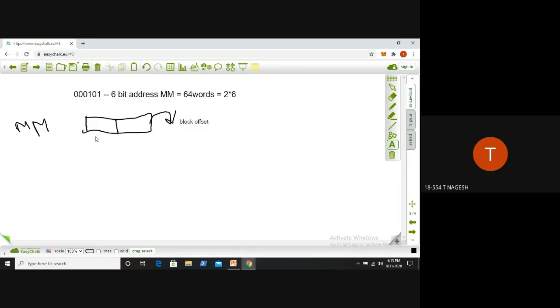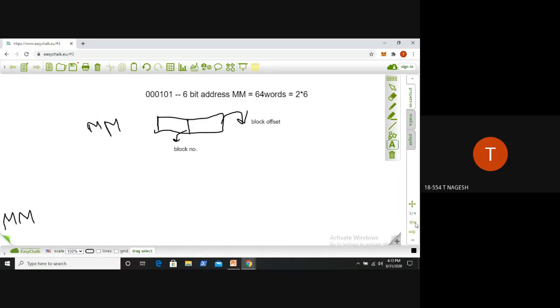The part on the left side is called the block number. It gives the block number and the block offset. What is this block offset? This is very simple, no need to get confused.